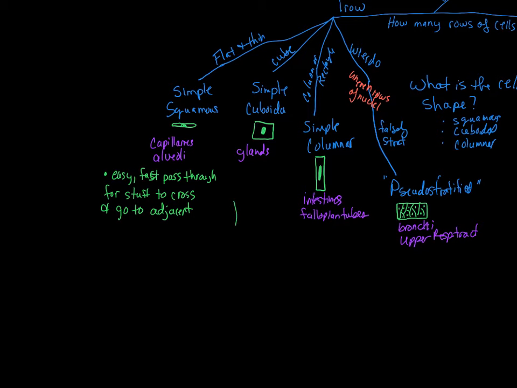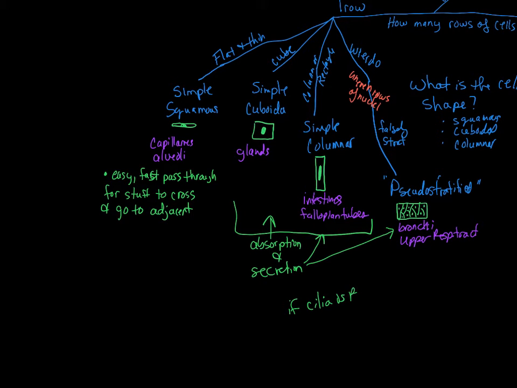Cuboidal and columnar have the same function: absorption and secretion. And actually, since pseudostratified is a type of columnar, it also does absorption and secretion. If cilia is present, then it can move stuff on the surface.